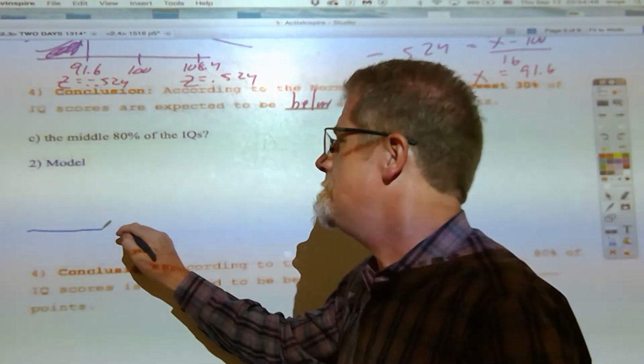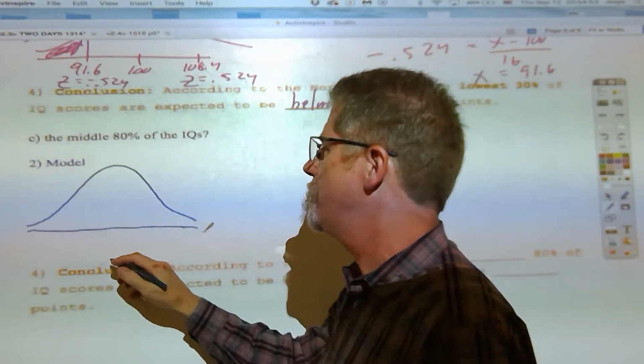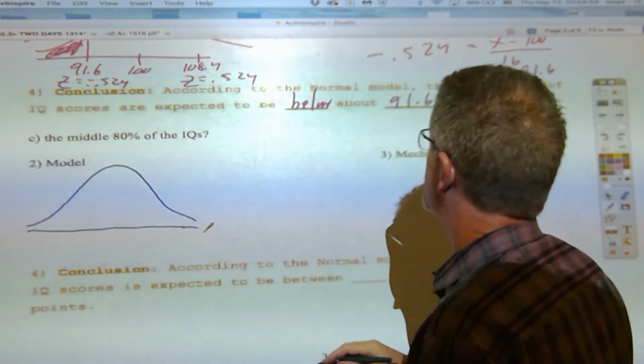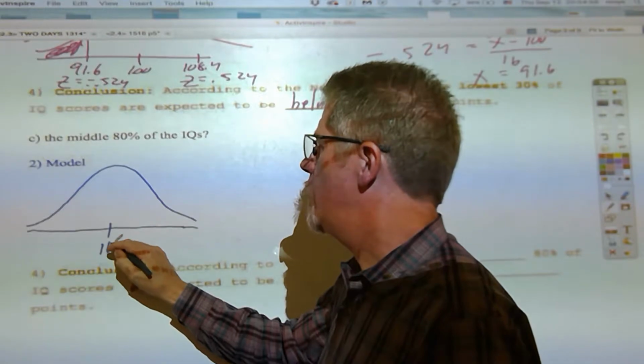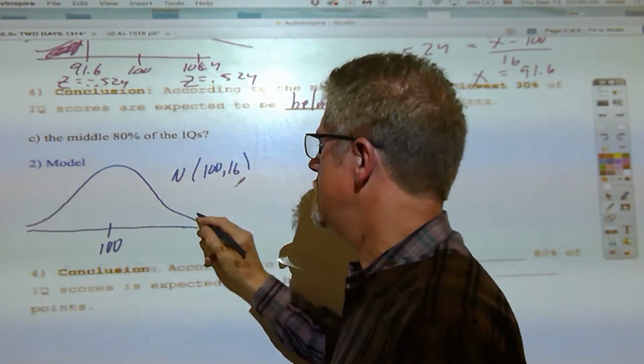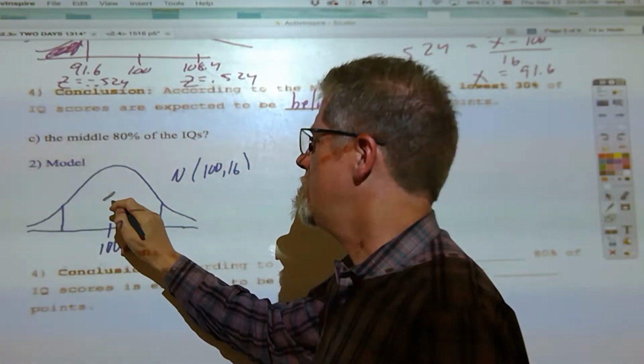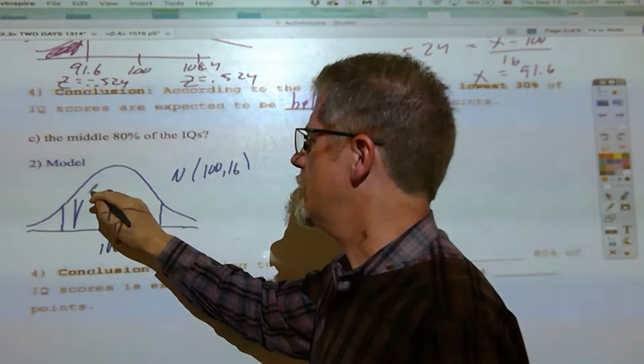So let's get the middle 80%. This will be a challenge problem for you. It's still a mean of 100 and a standard deviation of 16. We've got 2 cutoffs. It's symmetric in here. We need 80% shaded, so write 0.8 in the middle.